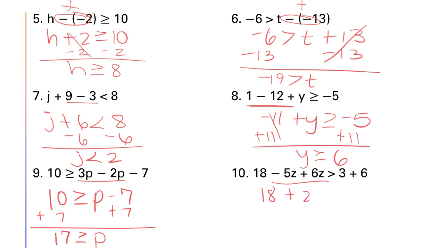Plus z is greater than, what's 3 plus 9? I mean 3 plus 6. I already gave you the answer. What's 3 plus 6? 9. Now what am I going to get rid of? By what? So I'm left with z is greater than, what is 9 minus 18? Negative 9. And that's today's lesson.